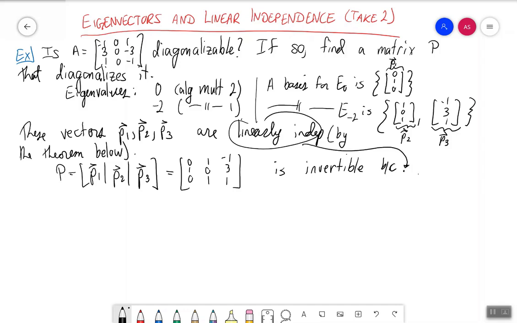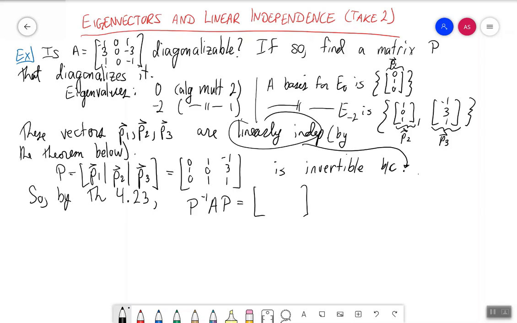And so, by theorem 4.23, P inverse AP equals the following diagonal matrix.